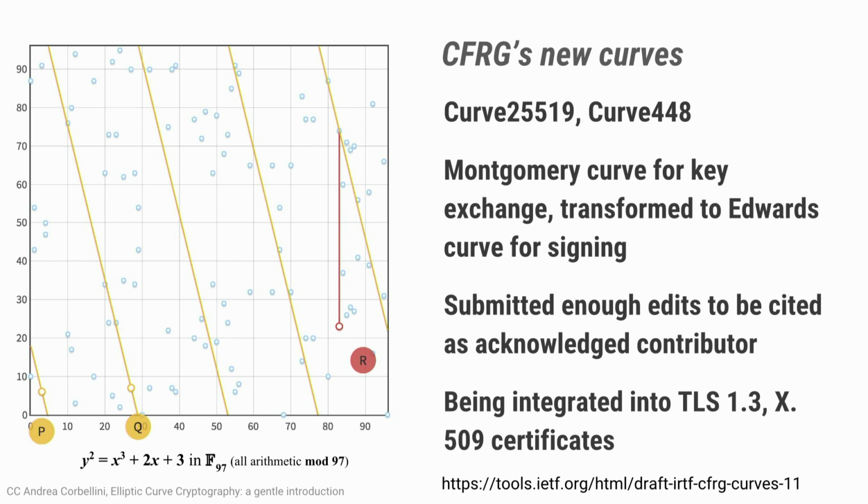It's another Edwards curve. This document specifies how to use these curves for key exchange, how to use them for signing, exactly the formulas and parameters that you need to use to be able to do those operations. And basically, it's already started to be integrated into the new version of TLS and other certificate standards protocols that are being worked on right now.